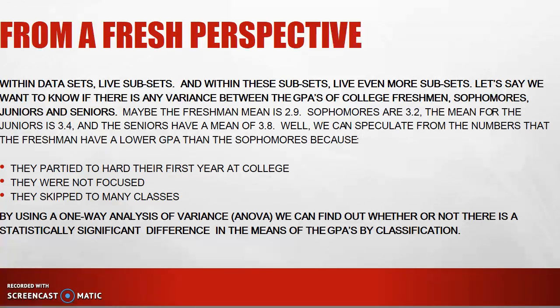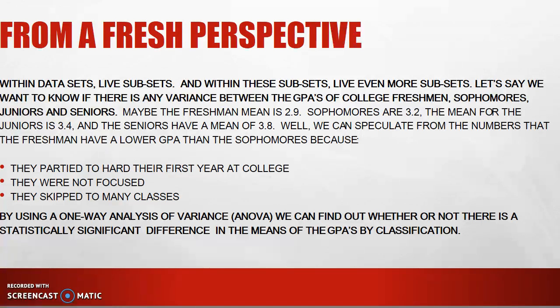Within data sets live subsets. Some people may just look at a collection of overall GPAs and think, well, that's just a bunch of numbers that don't necessarily mean anything other than the achievement of a GPA during a time of semester performance. Well, if you perform an ANOVA, you would be able to break up these GPAs perhaps by classification: freshmen, sophomores, juniors, and seniors.